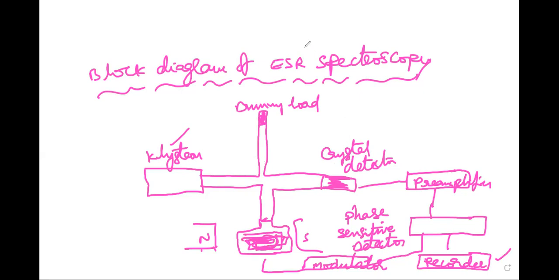A dummy load is kept in the third arm, and the semiconducting crystal is in the fourth arm of the microwave bridge. This is the microwave bridge which has 4 arms.